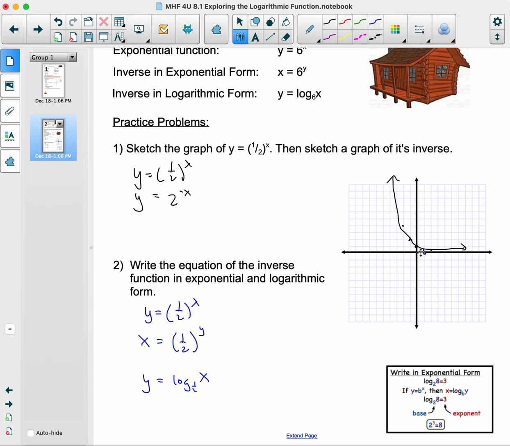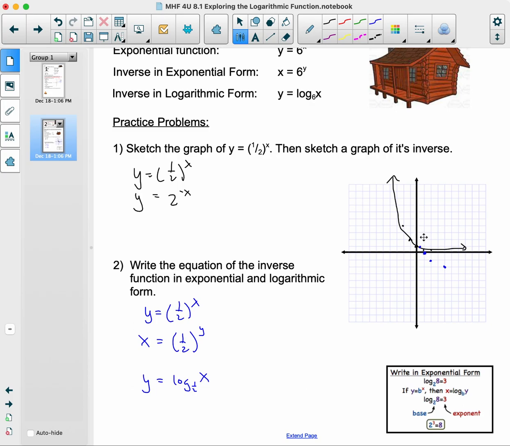So that means that at 2, we're going to be at -1. And then at -2 was 4. So at 4, we're at -2. And then at 1 was 1/2. Right. So at 1/2, we're at 1.